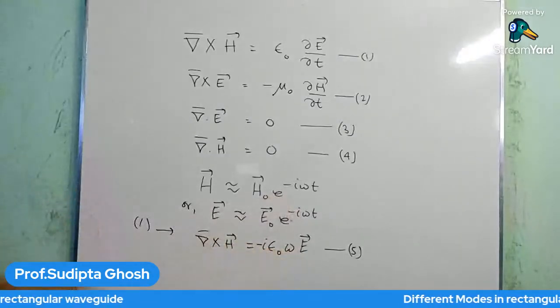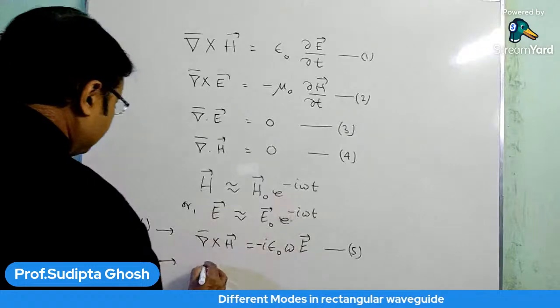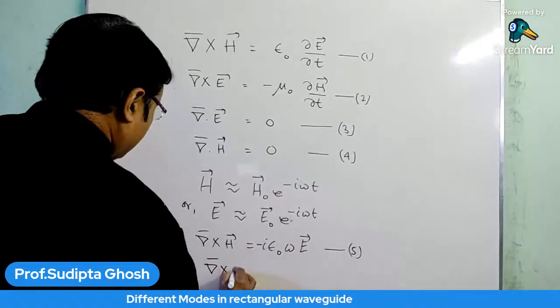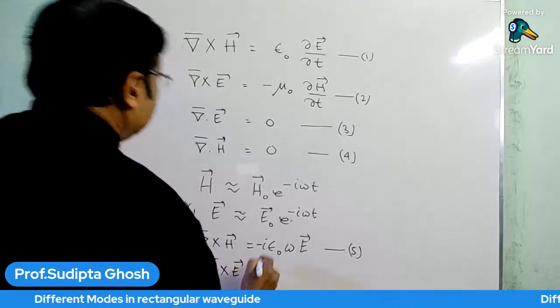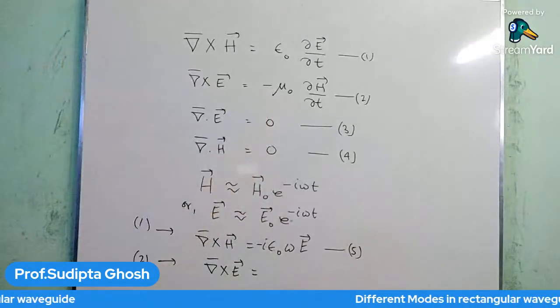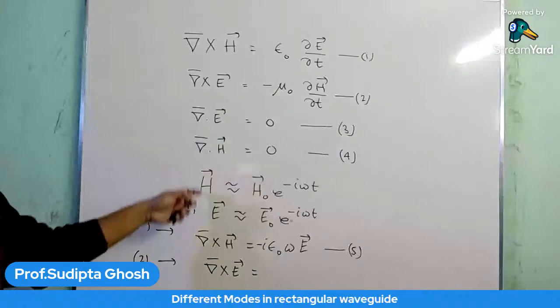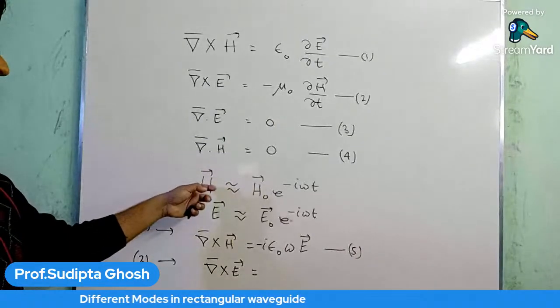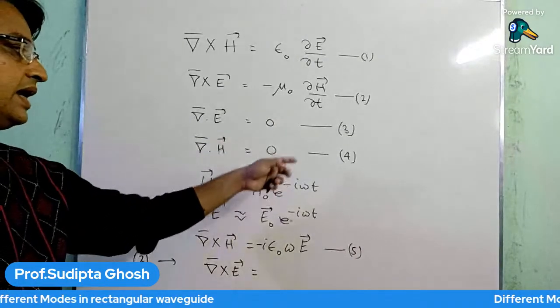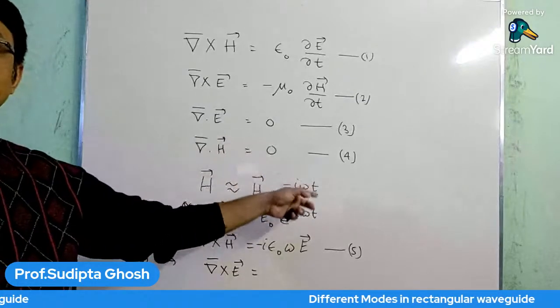And what will be the value of equation 2, that is curl of E? So again, curl of E is given as minus mu 0 del t of H. While taking the value of del t of H, it will be minus i omega H0 e to the power minus i omega t.